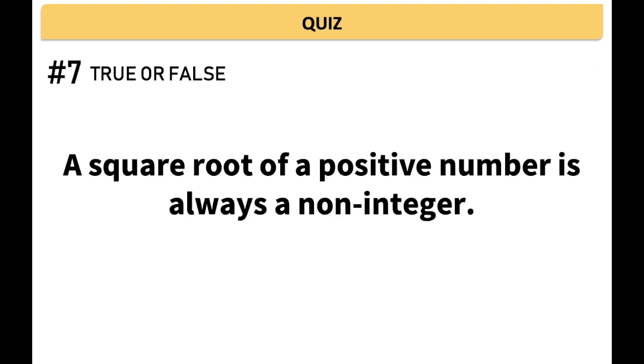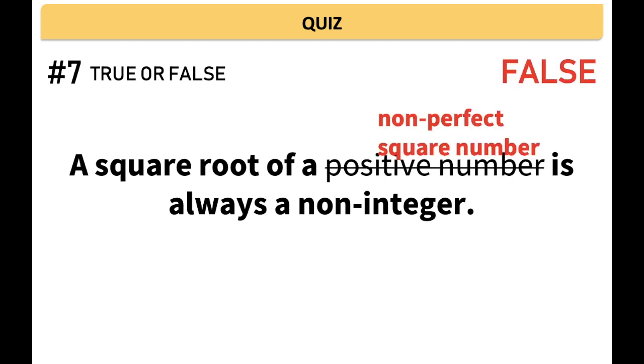Number 7, a square root of a positive number is always a non-integer. False. Bakit false? Kasi hindi naman always non-integer ang square root ng isang positive number. An example would be 9. 9 is a positive number. Square root of 9 is 3. 3 is an integer.